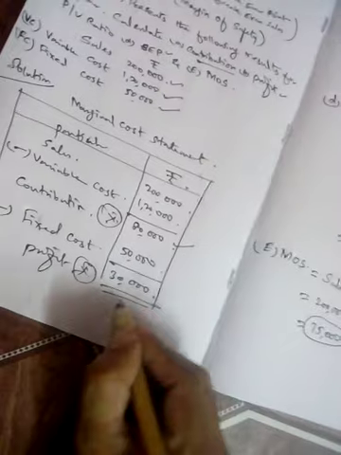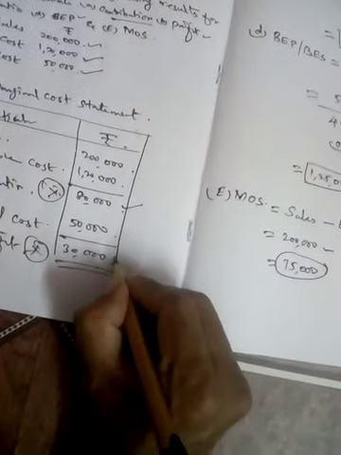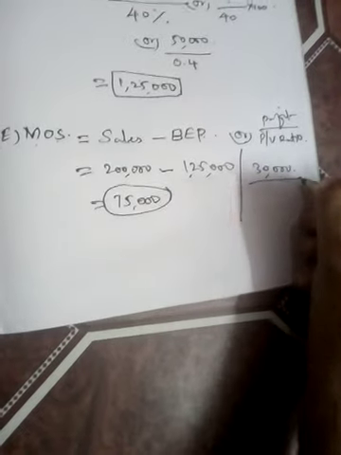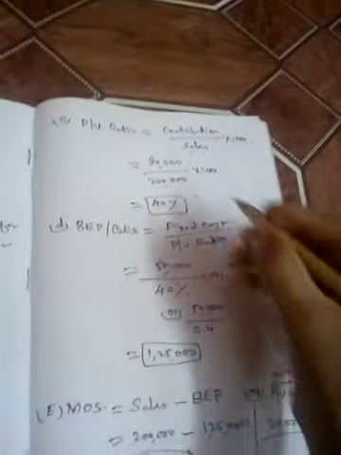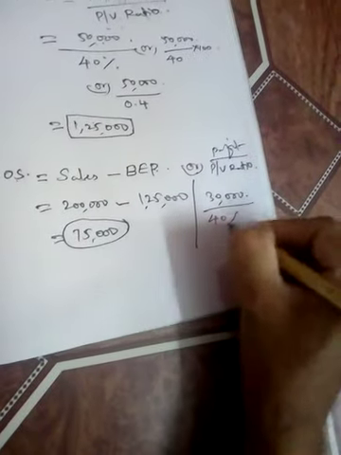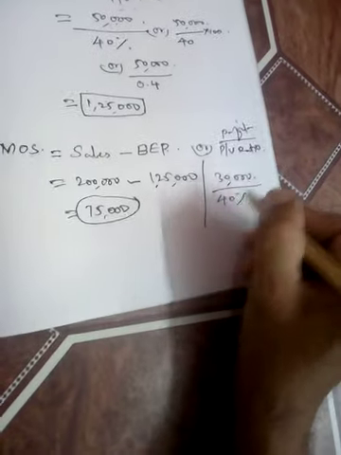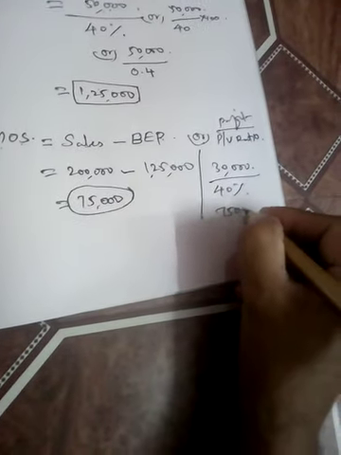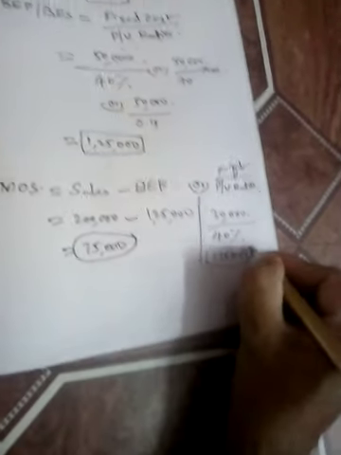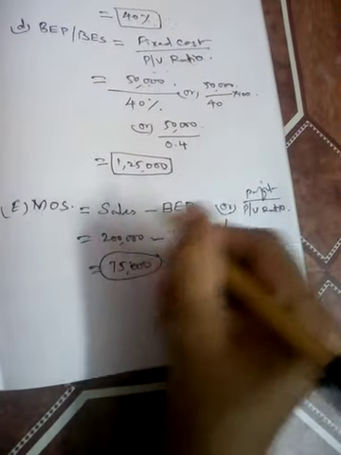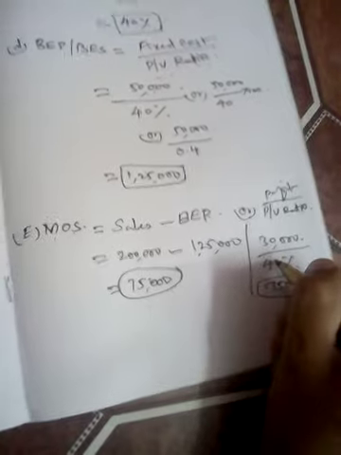Profit we found in the second step, that is 30,000, so we use this 30,000 divided by PV ratio. We found 40%, so use 40%. If you calculate this you get the same amount, 75,000. So you can use this formula or that formula.